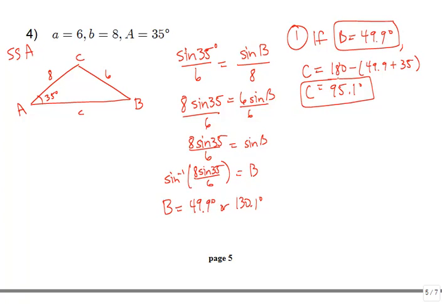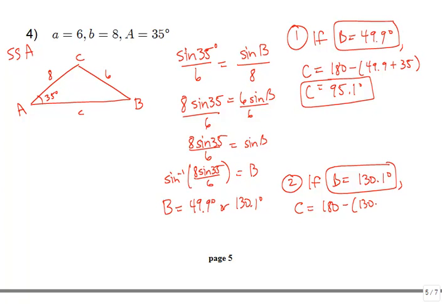Okay, as long as it's not negative, then this triangle will exist. Alright, let's look at our second possibility. If angle B is 130.1 degrees, then angle C would be 180 minus angle B plus angle A. And this should work because 130 plus 35 is 165, so there is still room for angle C to be a positive angle.